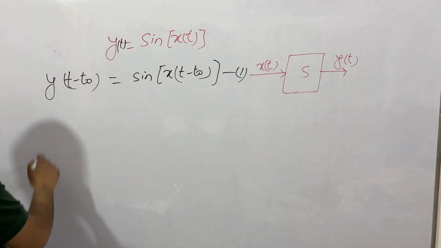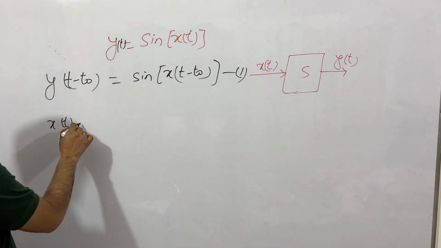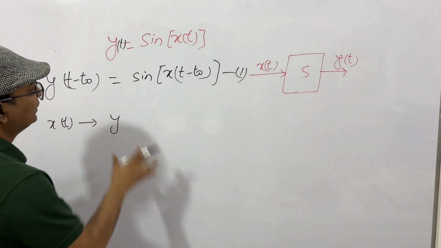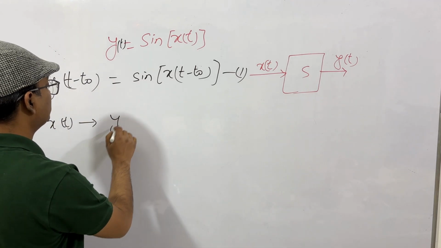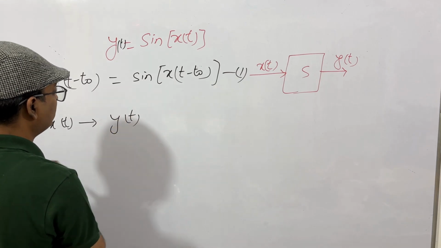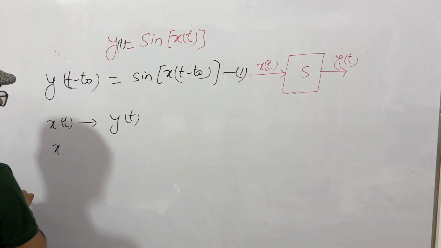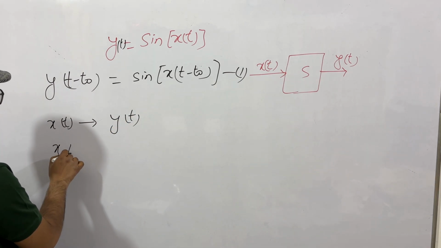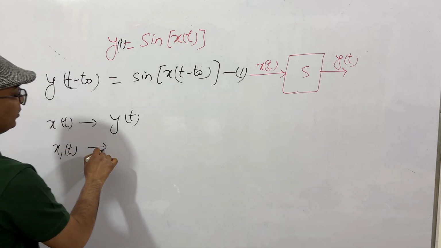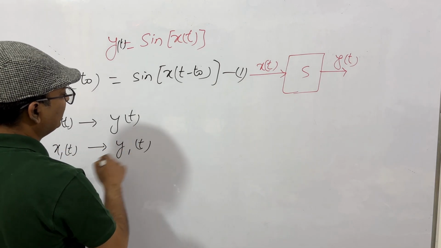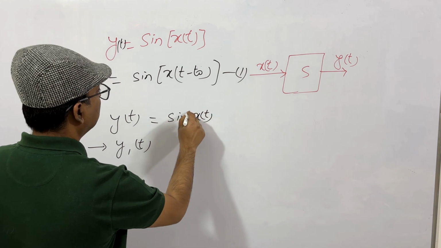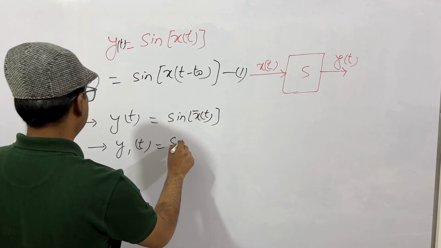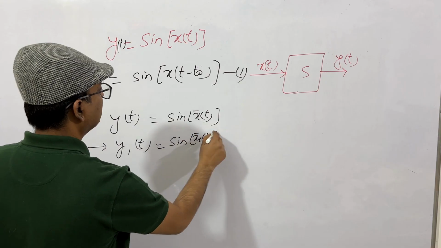Now from the input side, we'll see what the output is. For x(t), it is y(t). So in place of x(t), if we put another signal, let's say x1(t), it will be y1(t), that is, y(t) is sine x(t), and this is sine x1(t). Clear?